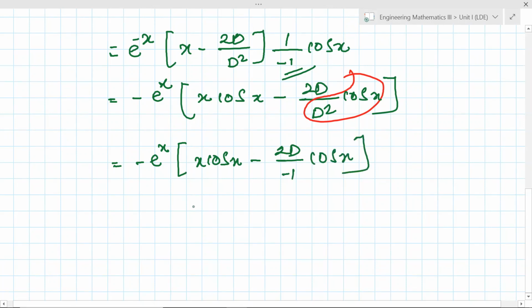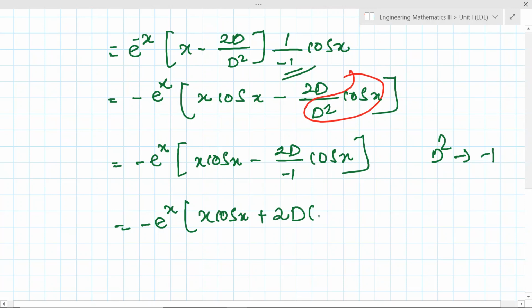Replace d square by minus 1, second case. Now minus minus becomes plus. This is minus e raised to x in bracket x cos x plus 2 into derivative of cos x. What is the derivative of cos x? It is minus sin x.